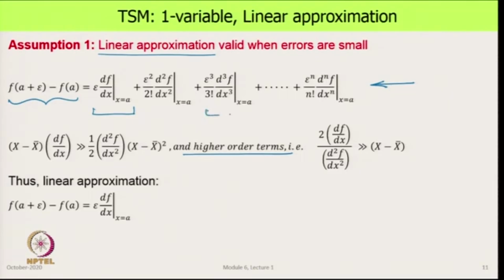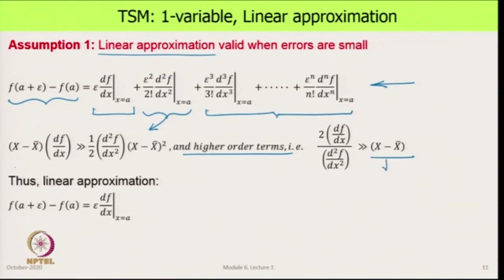So, we will say that these are all very small, and for this we come up with a criteria that this is very small in comparison to this. So, we can write that and write that epsilon as x minus x bar, and when we do that we get the criteria that 2 df by dx over the second derivative of f is very much greater than x minus x bar.